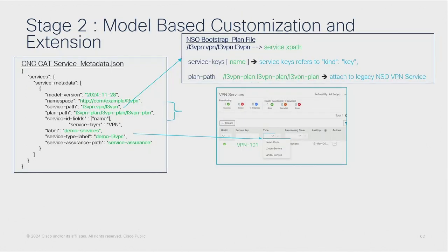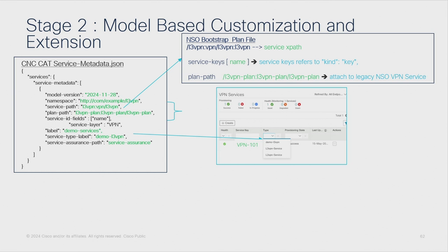The second use case is model-based customization and extension. In this case, you have your current data models, your NSO function packs, service models built for various use cases. How do I integrate this into CNC?